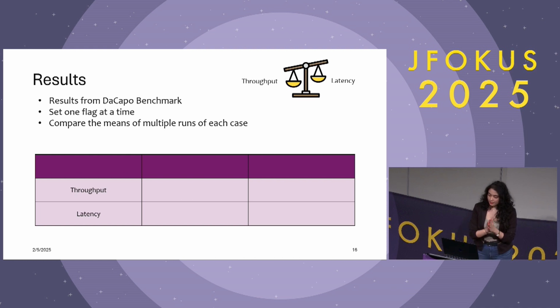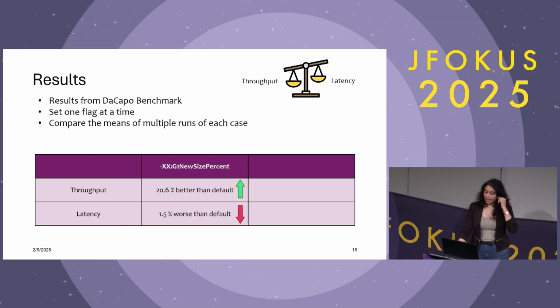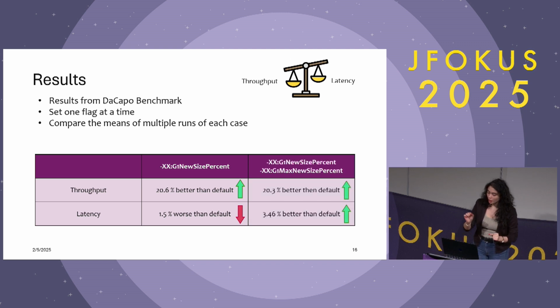So when we set only the minimum young generation percentage flag to the predicted values, we see that the throughput of the application improved by 20.6%. However, the latency got worse by 1.5%. Then, by setting the maximum percentage flag as well, we see the throughput drops slightly to 20.3%, still better compared to default.